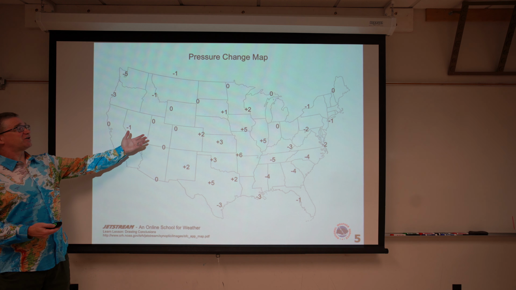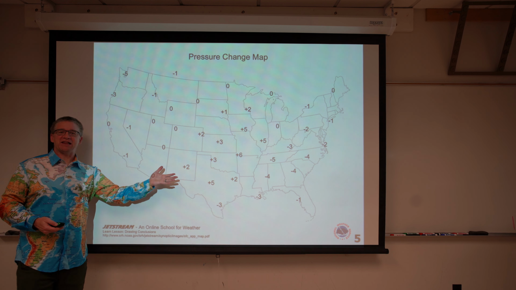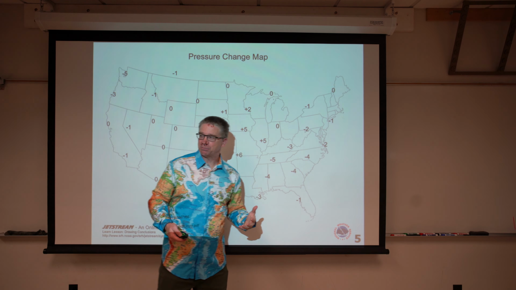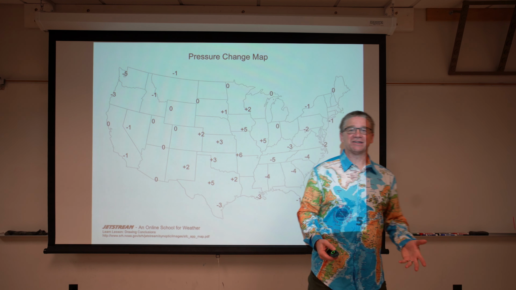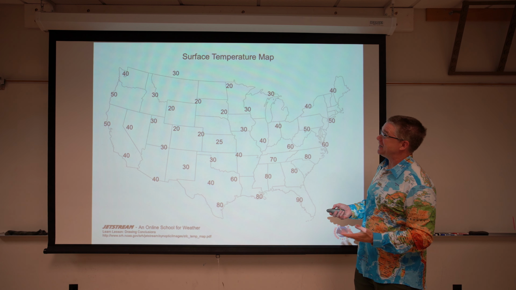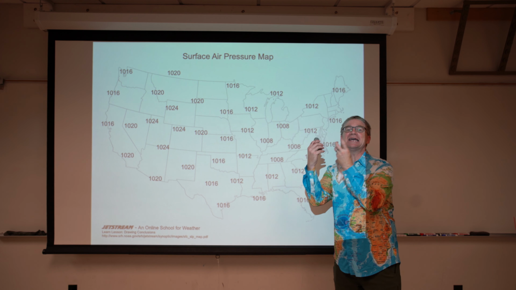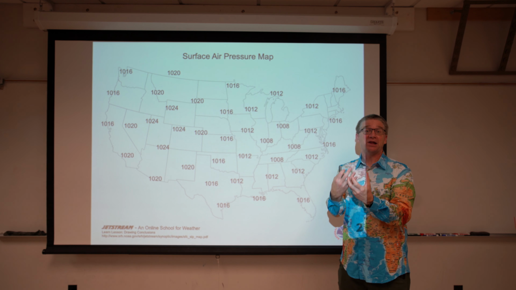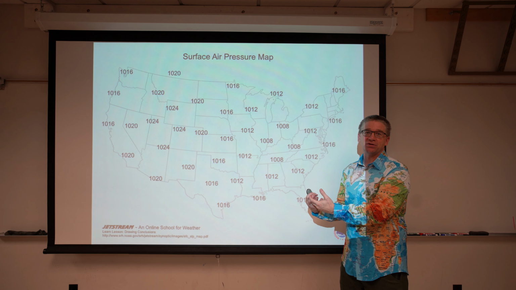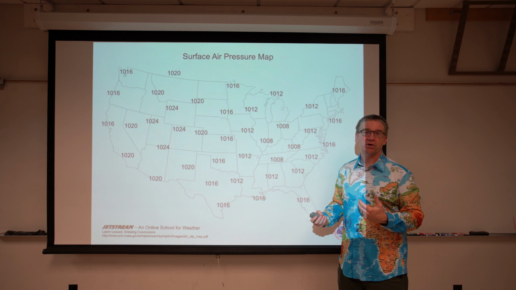And let's say we wanted to show how much the pressure's changed over the last 3 hours, right? That's really important. So the point with this is there's a lot of different data, and this is just 4 bits that we would like to display in our weather symbols. And there's a lot more than just these 4.